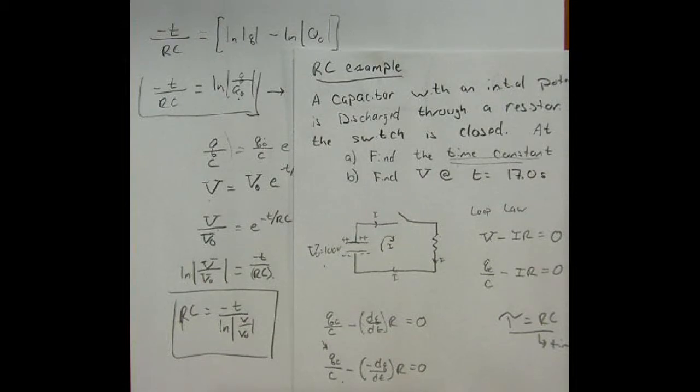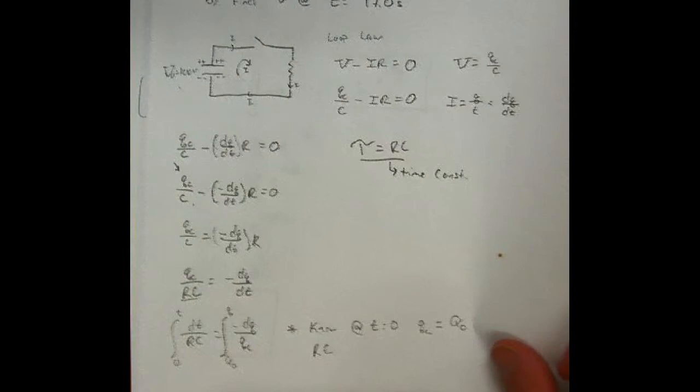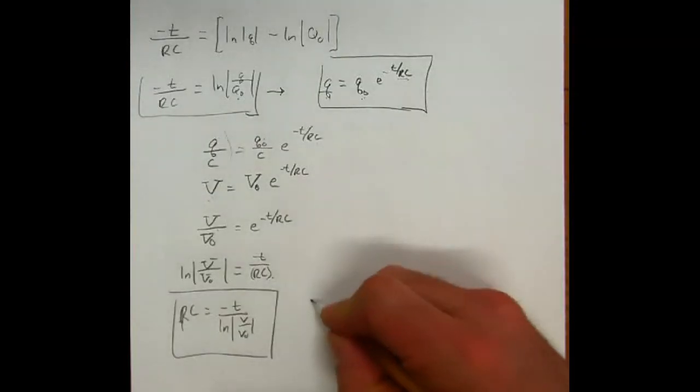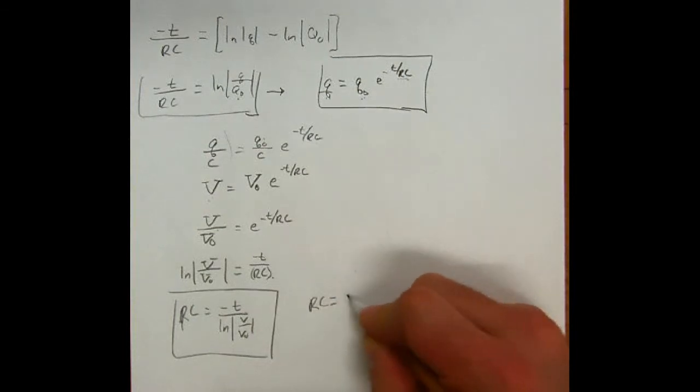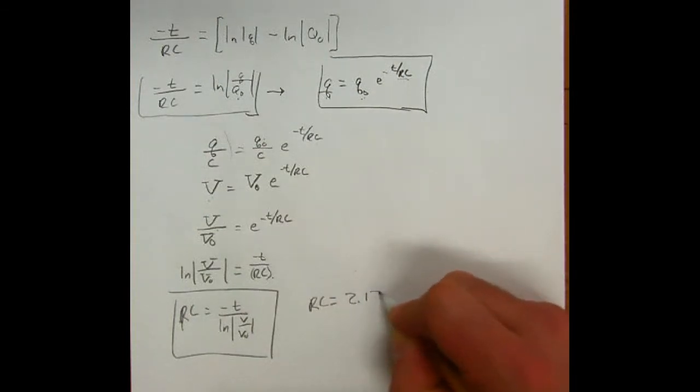The natural log of, over, we should get tau equal to, oh, I just made a mistake, 2.17. Whew. RC is equal to 2.17 seconds.